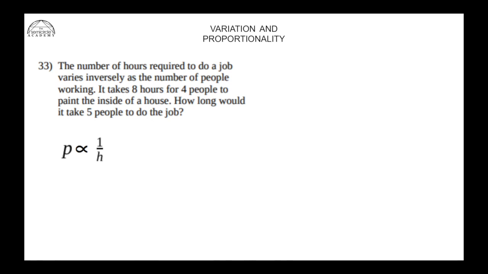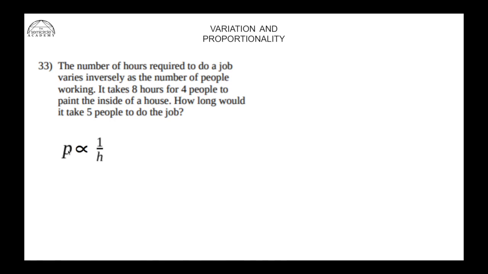Because the number of hours required to do the job varies inversely to the number of people. Now you could see here that it takes 8 hours, so they gave us a value of H, for 4 people, so they gave us a value of P. Okay, we'll look at that, right?